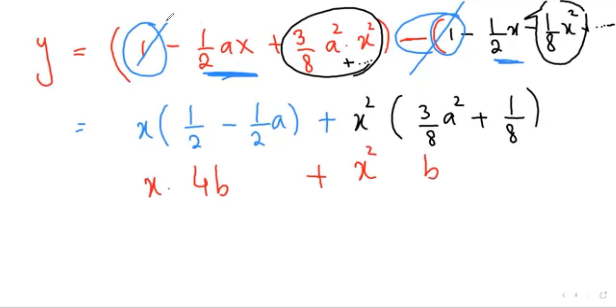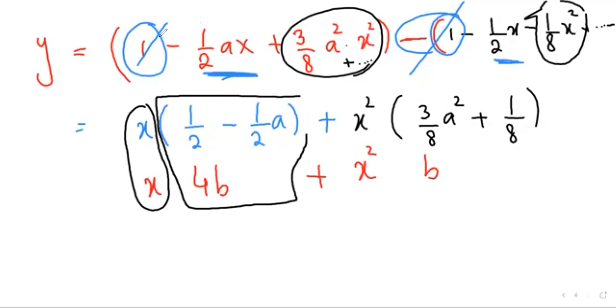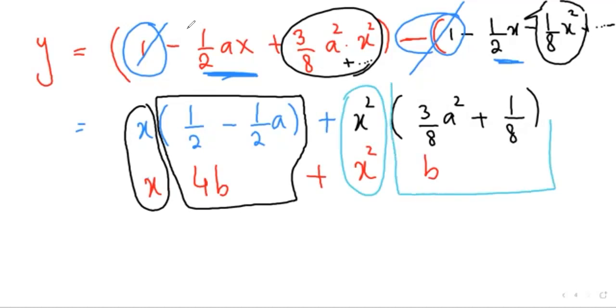If we compare them, we can say x equals x, and this part would become equal to 4b. Similarly, x square equals x square, and it means this thing is equal to b. So now we can utilize this information to find out a's and b's value.